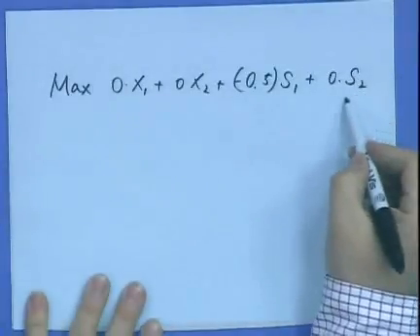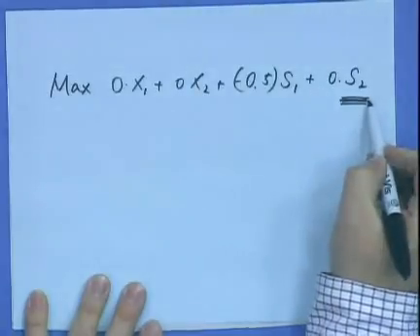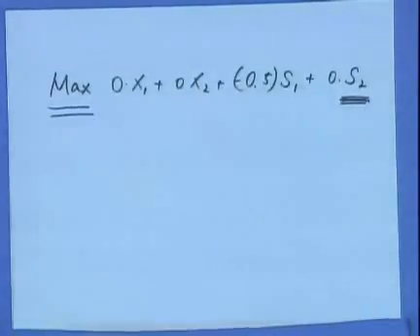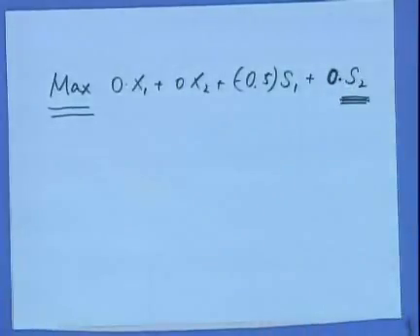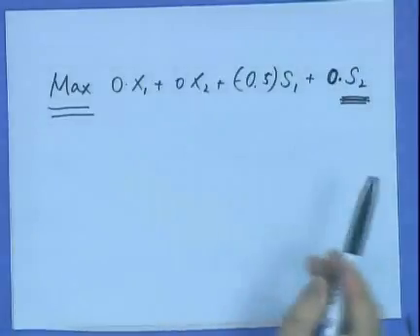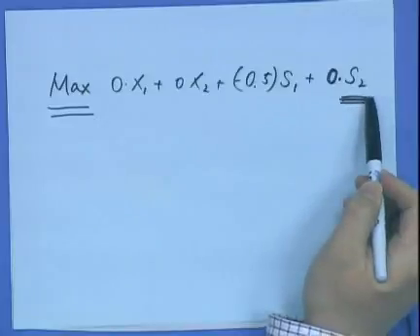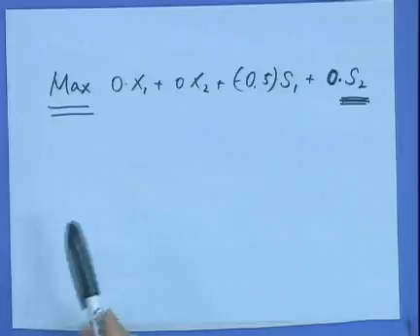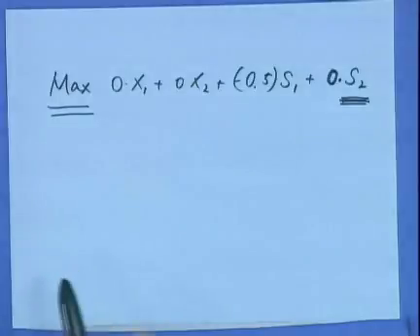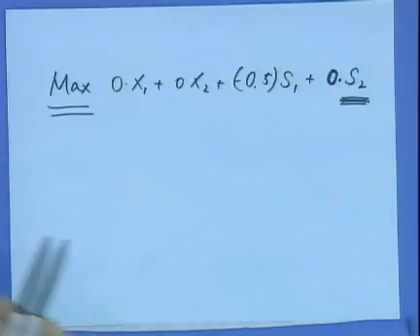Which means increasing the value of s2 from 0 doesn't affect the objective function value, right? Because of the 0 coefficient for that variable. So if we decide to include the S2 variable as a basic variable, then we may have the same objective function value with different combinations of basic variables, right?